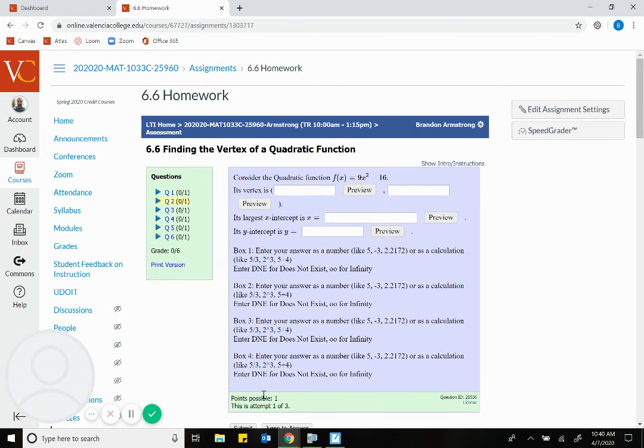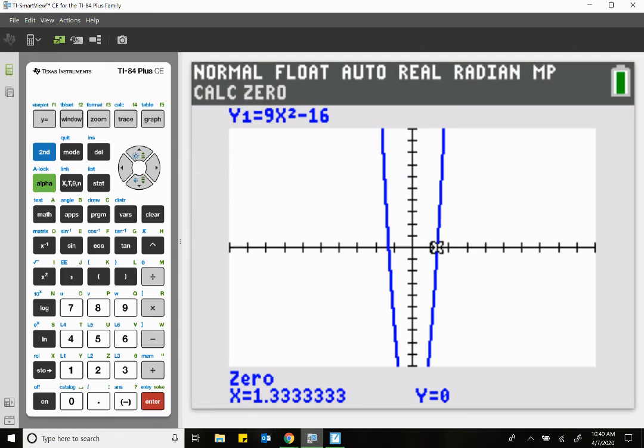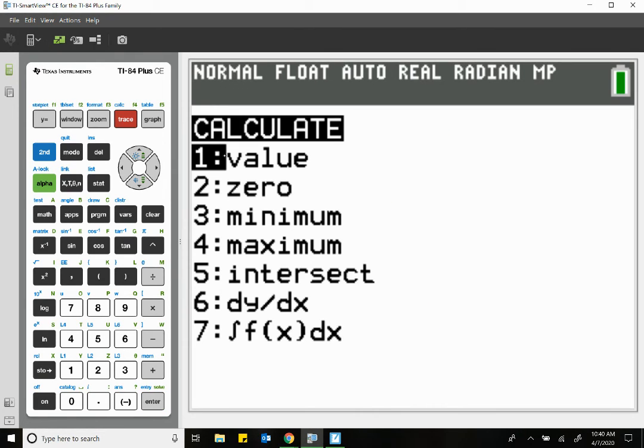Okay? The y-intercept, if you want to find the y-intercept, one way to do that, plug in 0 for x, and figure out what happens when you plug in 0 for x, and that's the y-intercept. Another way to do it, on here, if you hit second trace, you can do value, because value will find the y-intercept.